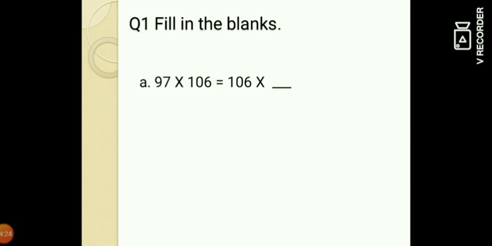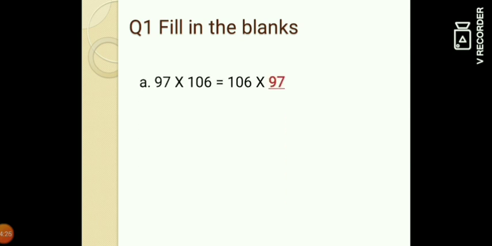We will put 97 in the blank. So, this property says that the product of two numbers remains the same, irrespective of its sequence. If we multiply 97 by 106, we will get the same answer as 106 multiplied by 97. Both will give the same answer.